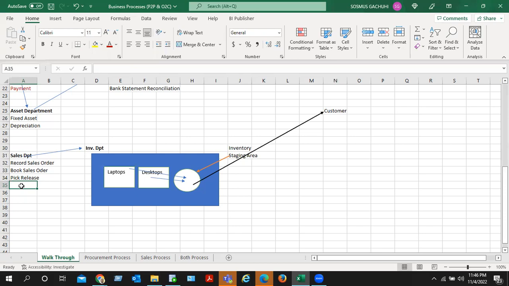The process is referred to as ship confirm. So ship confirm is when the goods leave the organization and now they are heading to the customer's premise.